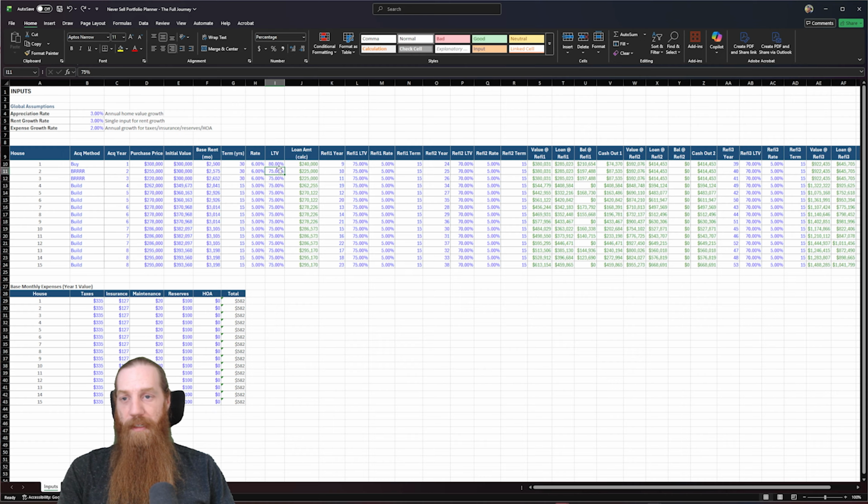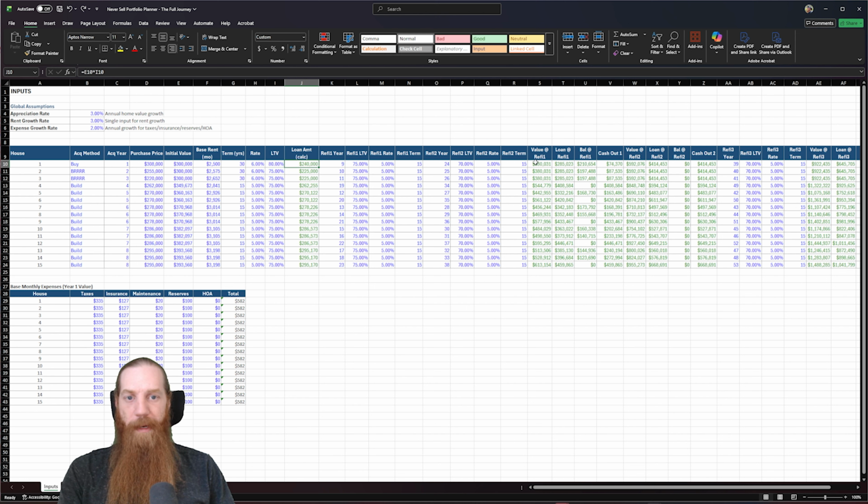And there are periods of time, even when lending is a little bit tighter, when 75% LTV is the best you can get. You won't even be able to get an 80% LTV on a non-owner occupied home. In other words, an investment property. So 75 is a really good number to start with. I just used 80 for the first property because that's what we went with in the book for Alex's story.